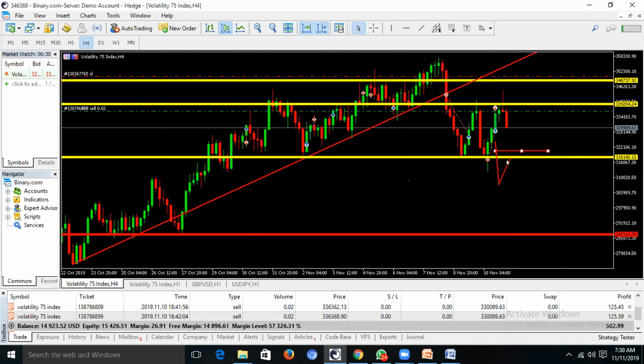If it breaks through here, this place becomes a resistance. That is when they said support can become a resistance or a resistance can become support. Then if it does this, you can ask, okay, give me a convincing candlestick like this.